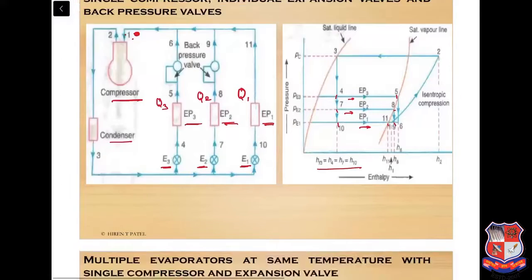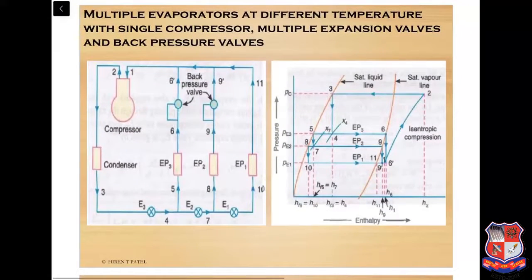But in this system, multiple expansion valves are given. First the refrigerant is expanded in expansion valve 3, then it is distributed in two parts, one portion goes to the evaporator and the second portion goes to the next expansion valve.